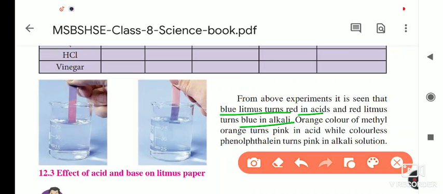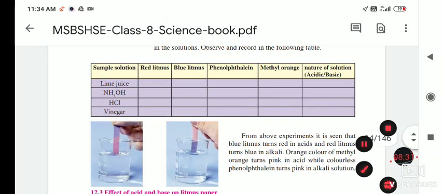Orange methyl orange turns pink in acid, while colorless phenolphthalein turns pink in the alkali solution. So this is the observation from this table.